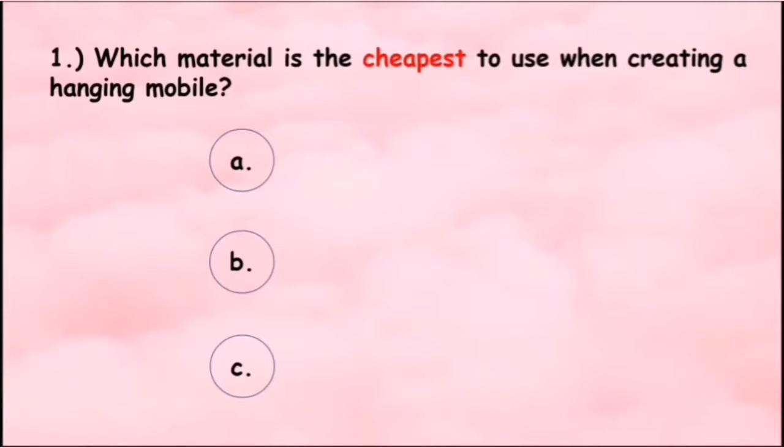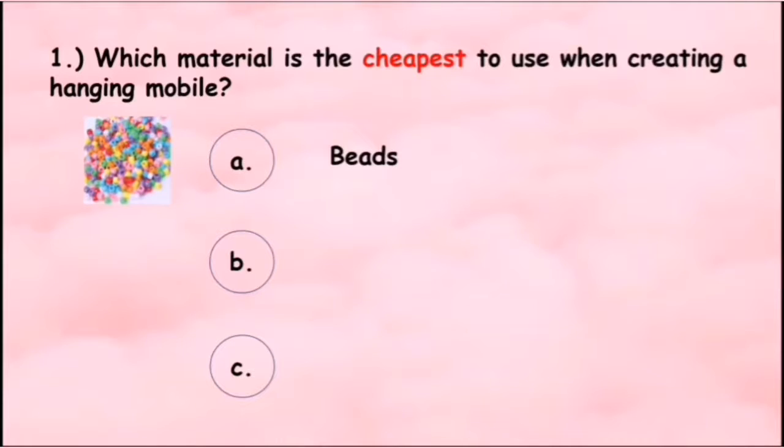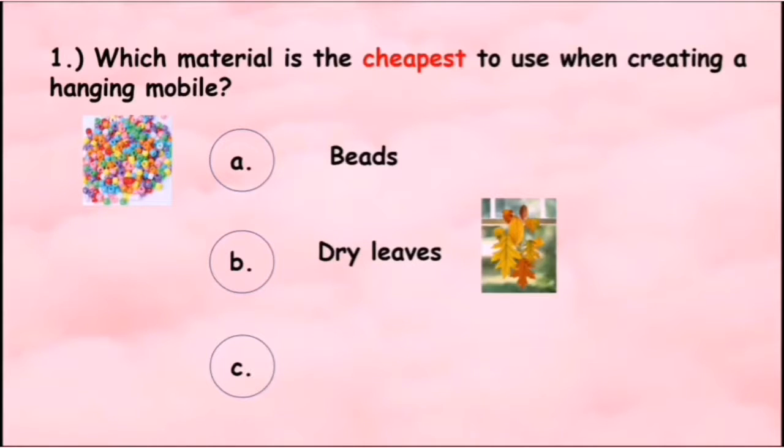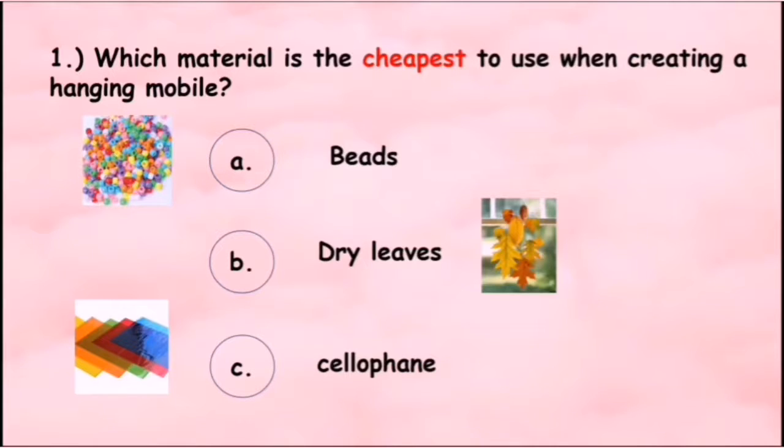Okay. Now let's proceed to our first question. Let's read the question together. Which material is the cheapest to use when creating a hanging mobile? Is it A, beads, B, dry leaves, C, cellophane?